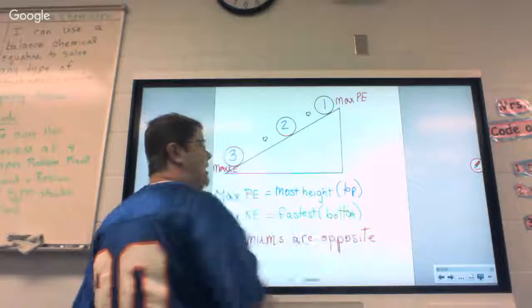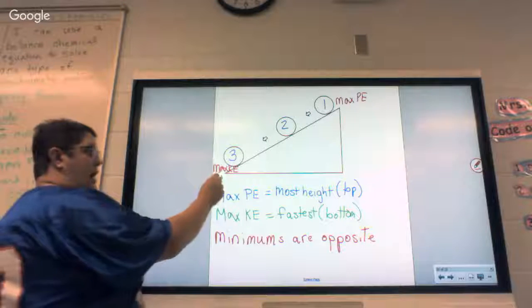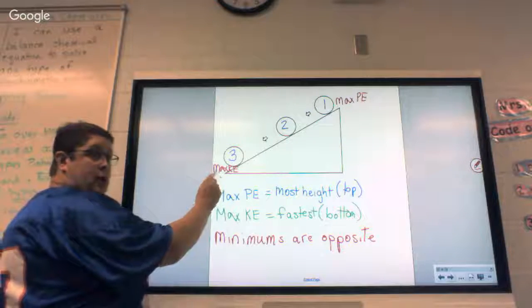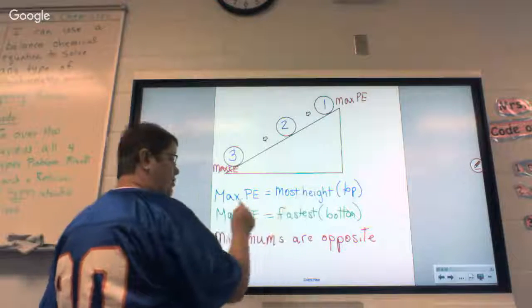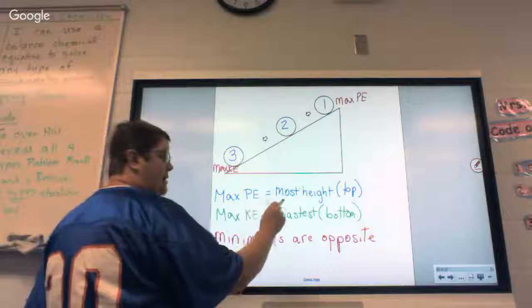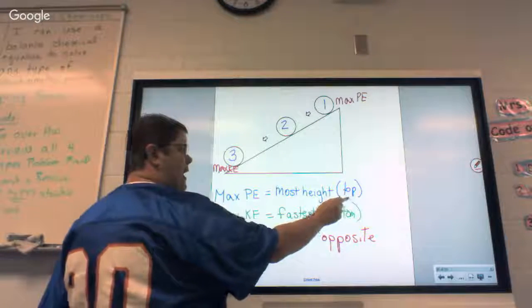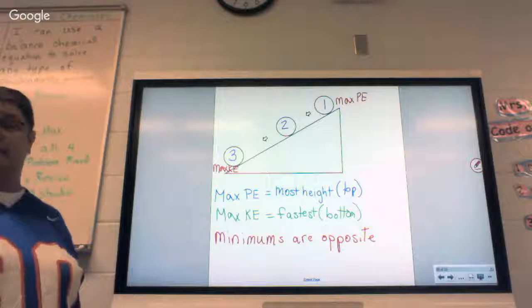Okay? If they ask for the minimum potential energy, it's way down here. Max is at the top for potential energy, right? So if they say minimum potential energy, it's the opposite. So it's at the bottom.